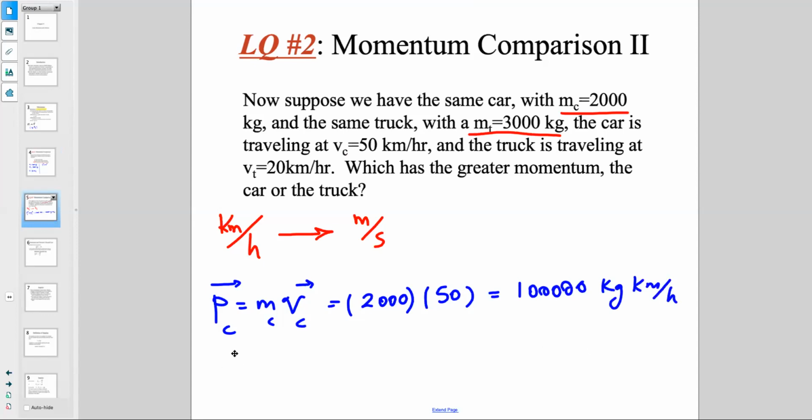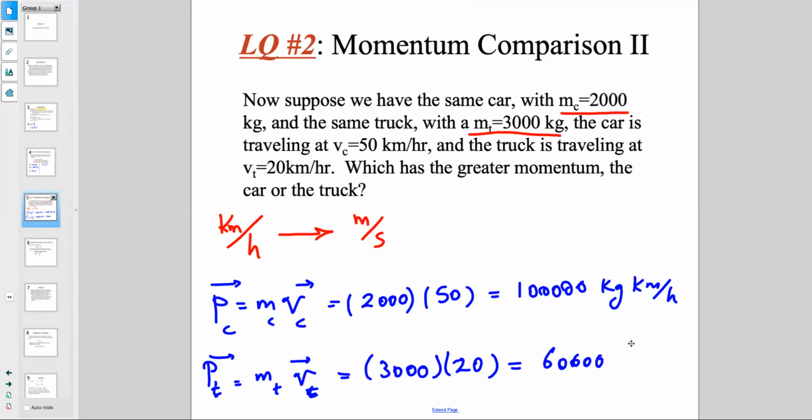And for the truck, which is traveling at 20 kilometers per hour, P of the truck is mass of the truck times the velocity of the truck, and these are vectors. We have 3,000 kilograms times 20 kilometers per hour. 2 times 3 is 6, with 4 zeros in front of it: 60,000 kilogram kilometers per hour.